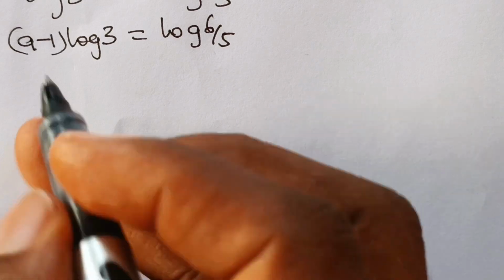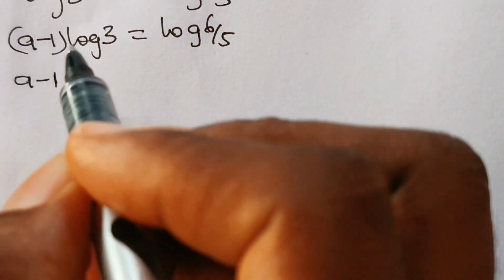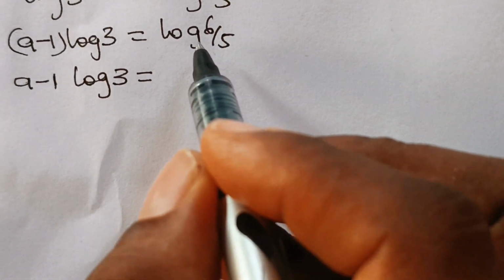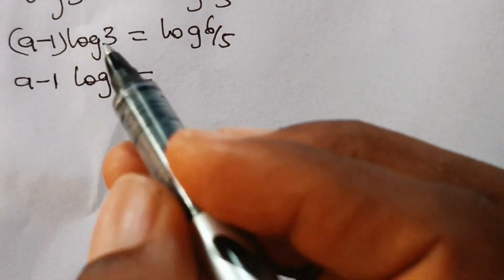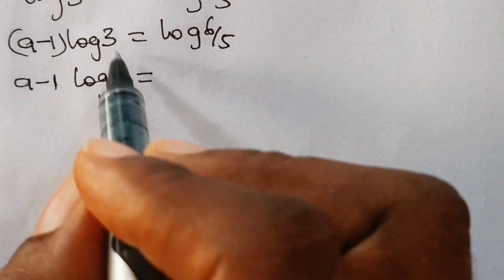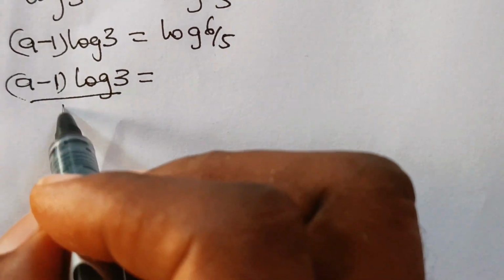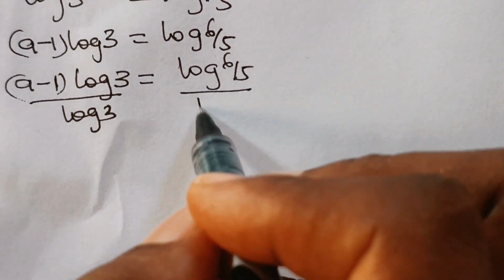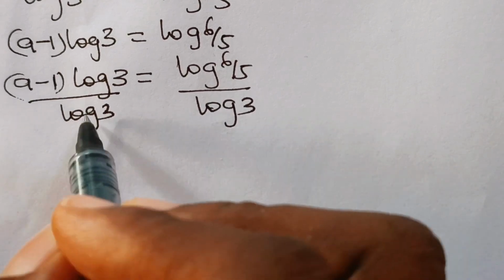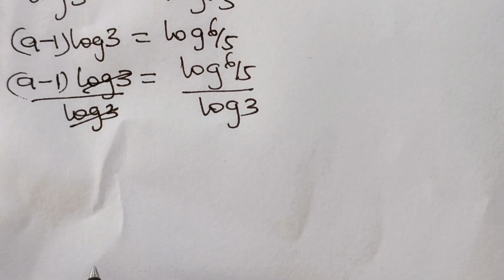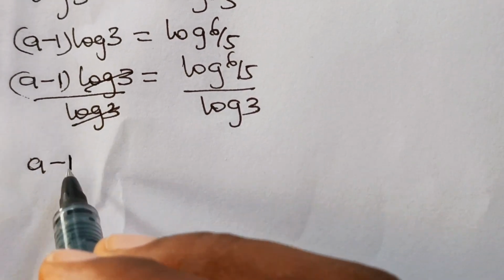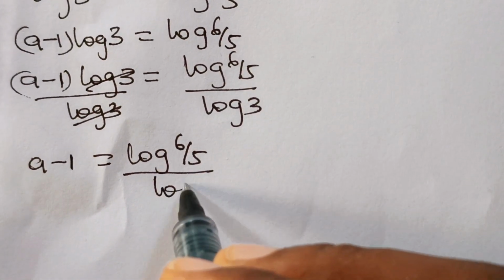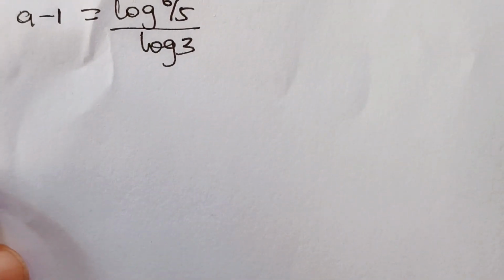Let's divide both sides of this equation by log 3. Then log 3 will cancel log 3, and we have a minus 1 is equal to log of 6 divided by 5, divided by log 3.